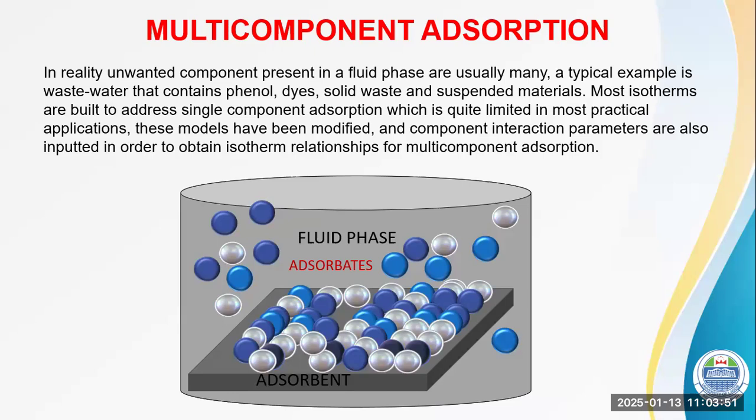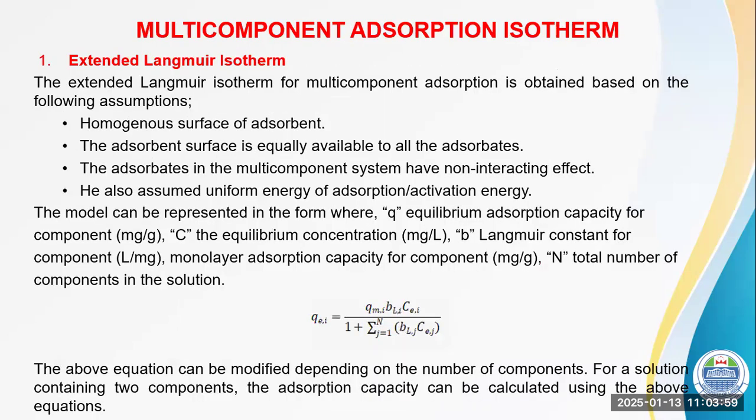Then we cross over to multi-component adsorption. Some multi-component adsorption isotherms include the extended Langmuir isotherm. Be able to differentiate between the adsorption of Langmuir when it's considered as a single component isotherm, and the adsorption that was put forward when the Langmuir isotherm was extended to multi-component processes.